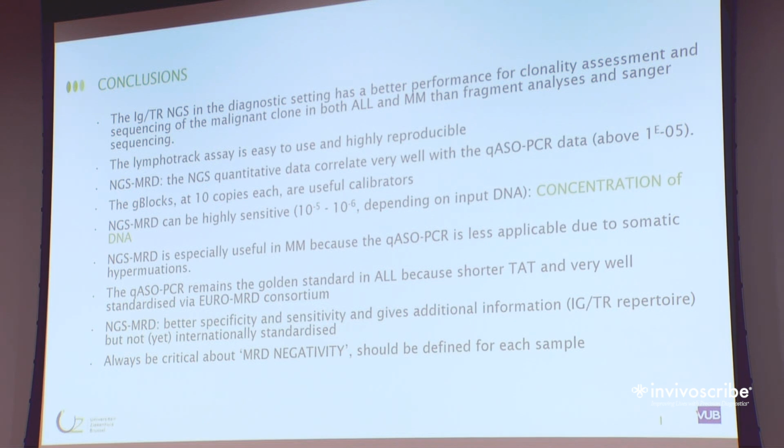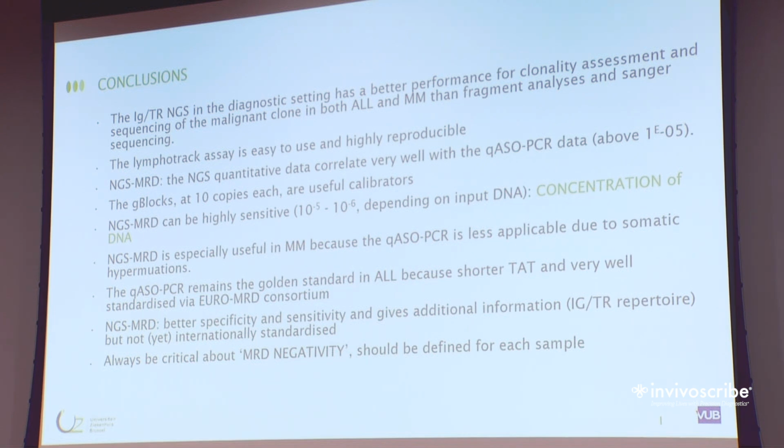The LymphoTrack assay is easy to use and highly reproducible, and the NGS MRD correlates very well with the QASO-PCR above the 10⁻⁵. The G-blocks are useful calibrators at 10 copies, and the sensitivity of the NGS MRD can be very high if you put in enough DNA. In myeloma, it's especially useful because the ASO-PCR is less applicable due to somatic hypermutation.